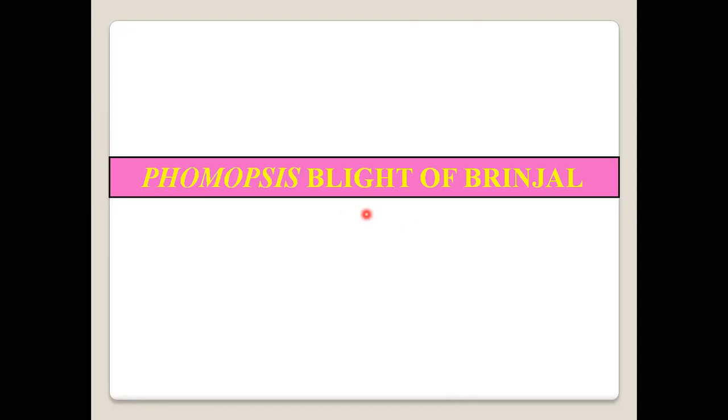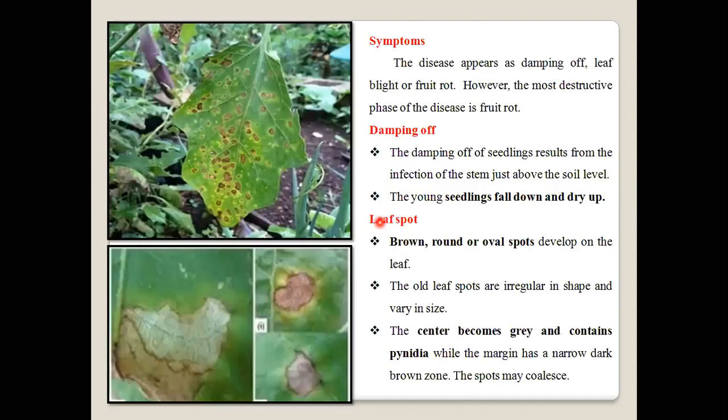This pathogen attacks the leaves, foliage, and also the fruits. But the fruit rot phase is the most destructive phase compared to the other types of symptoms. Now we go to the symptoms.